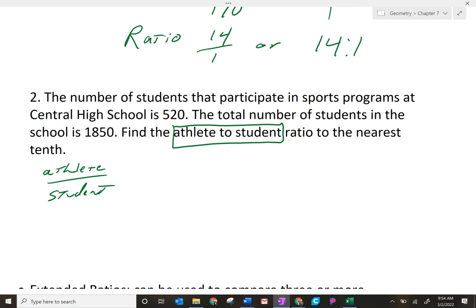I know the total athletes was 520. Total students in the school is 1850. And I still want my bottom number to be a 1. So I've got 520 divided by 1850.